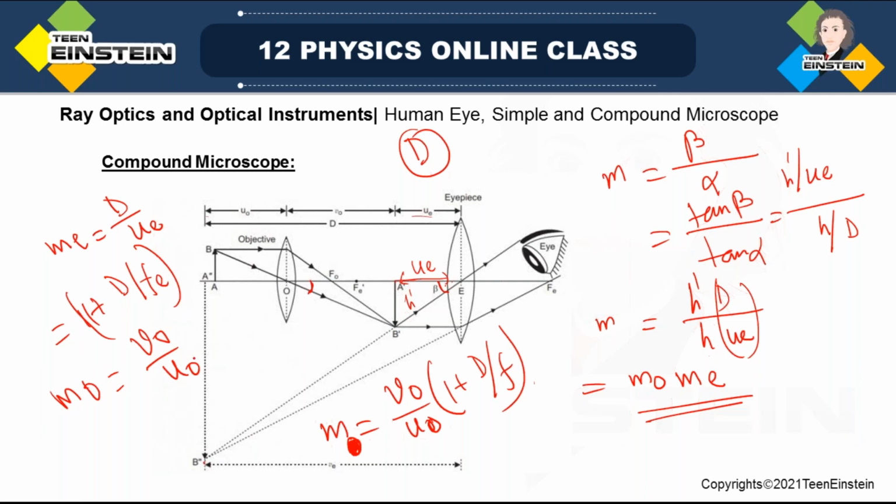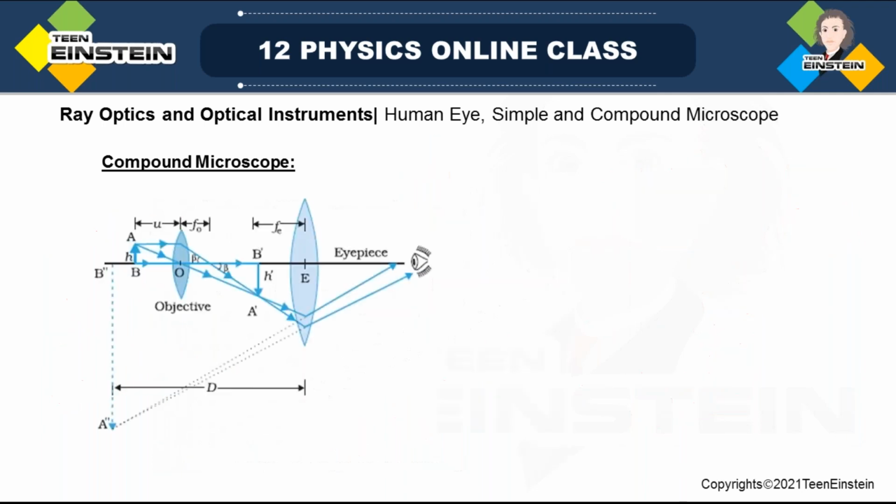This is for the objective, so you can say vo, uo. So from here also you can see, what is vo and uo? This is actually given by L by minus fo. What is L? L is the length of the microscope tube, or the distance between two lenses.